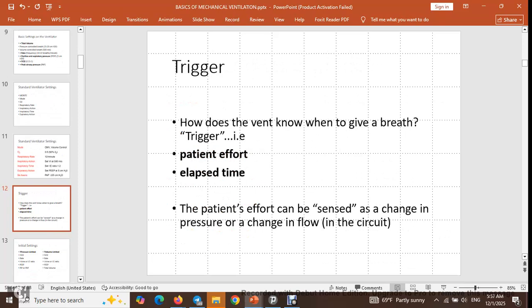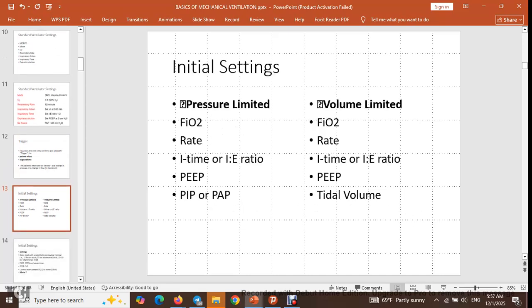So when the patient has some flow, or when the flow of breathing reaches some point, the set point, then the mechanical ventilator will give a breath. And the setting can be pressure limited or volume limited. In volume limited, you will put the tidal volume constant, and the pressure will vary.